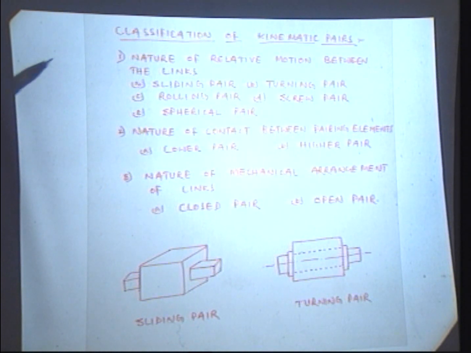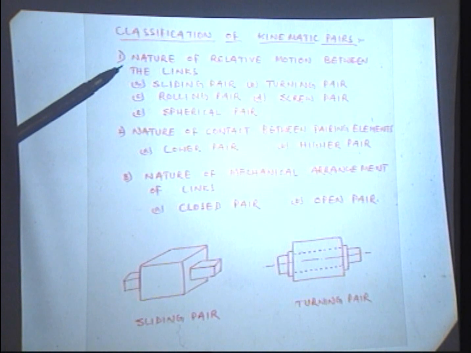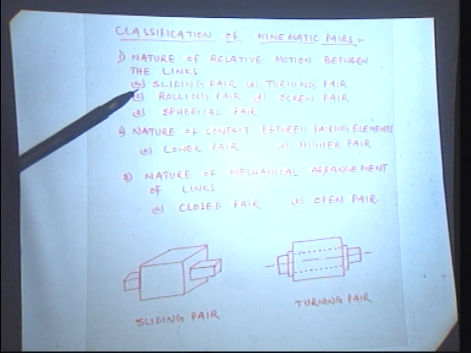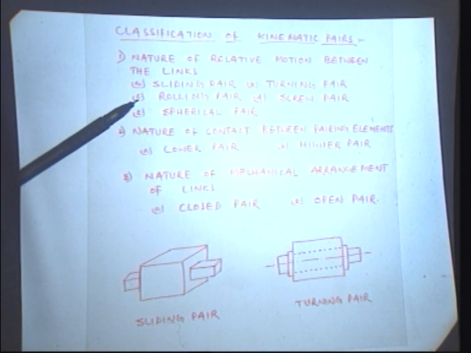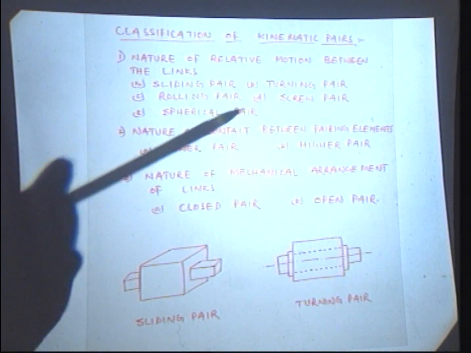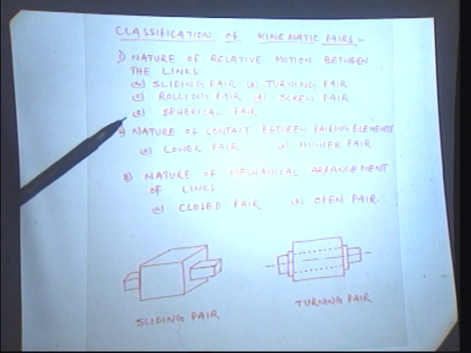Now we discuss the classification of kinematic pairs. Depending on the nature of relative motion between the links, the kinematic pairs are classified into a sliding pair, a turning pair, a rolling pair, a screw pair, and a spherical pair.